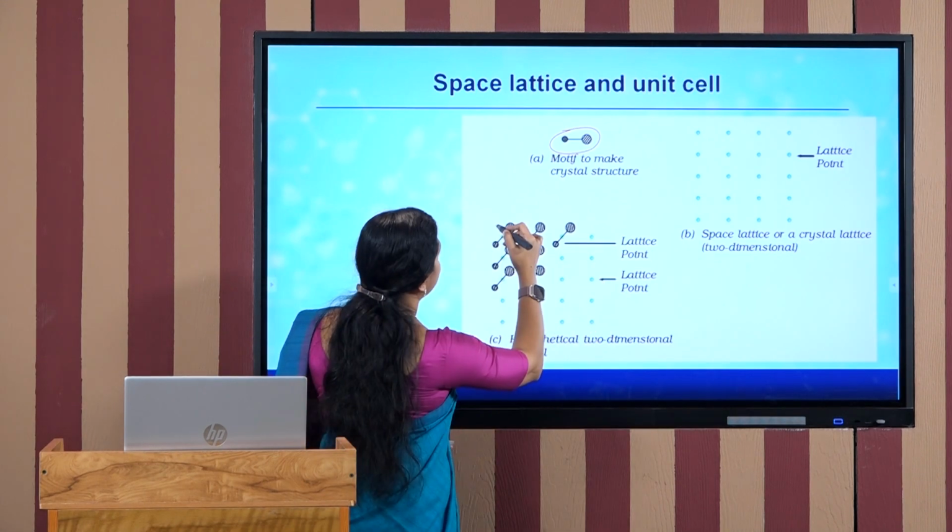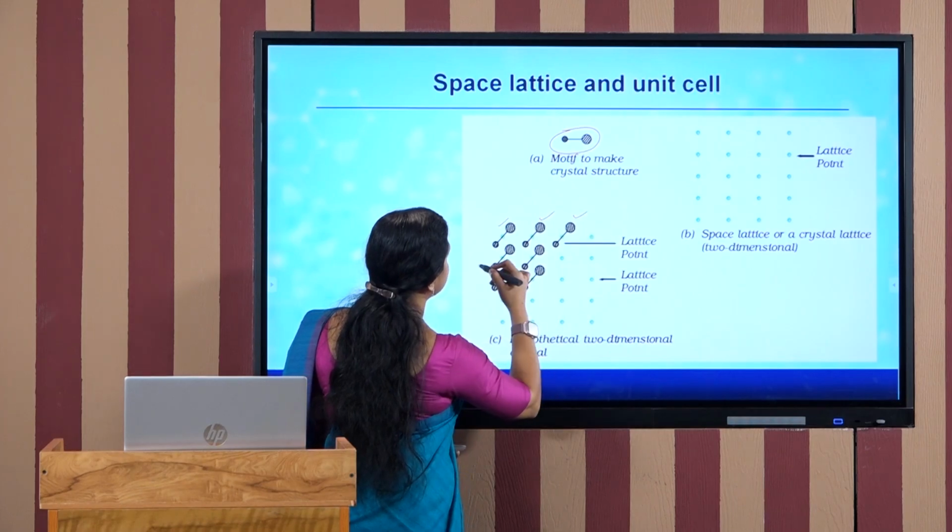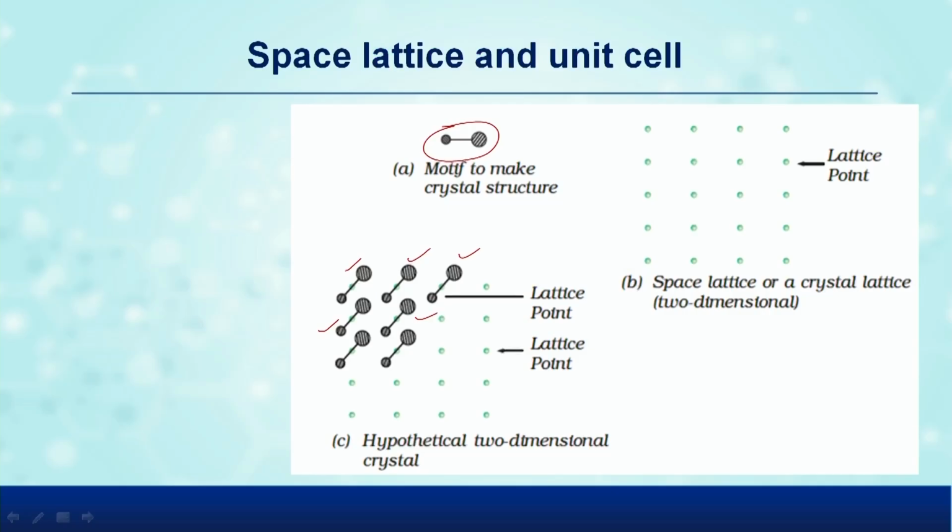So, at each point you can see each of the motifs occupying. So, this results in a three-dimensional structure, crystal structure, or three-dimensional lattice, and that is called a space lattice.